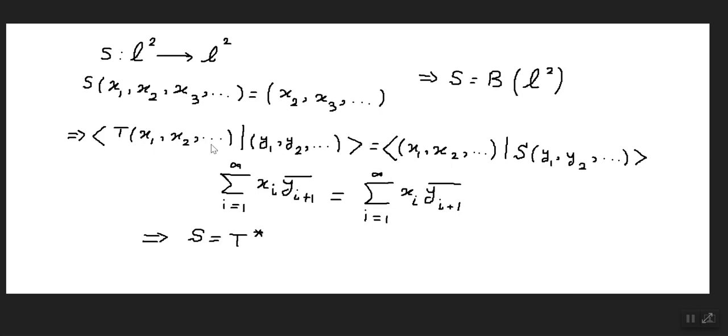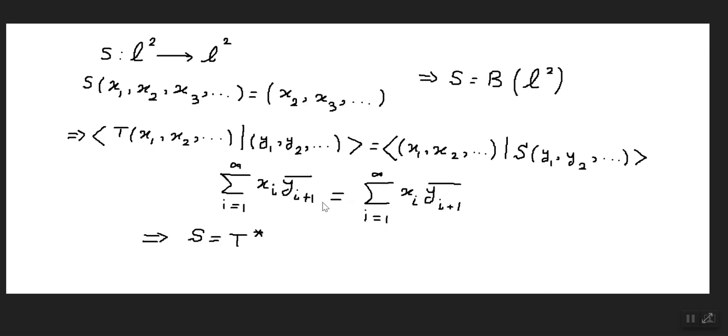Okay, if you calculate this, you can see the left hand side and right hand side are equal. I leave it to you. On the left, T of (x1, x2, ...) becomes (0, x1, x2, ...). Now if you calculate the inner product, it becomes this. And on the right hand side, S of (y1, y2, y3, ...) becomes (y2, y3, ...), and if you calculate the inner product of these two, it becomes this.